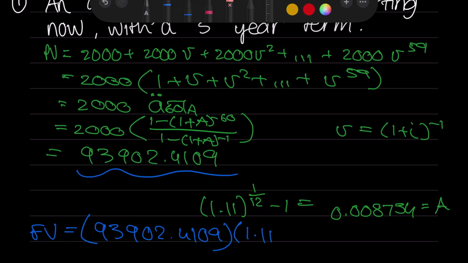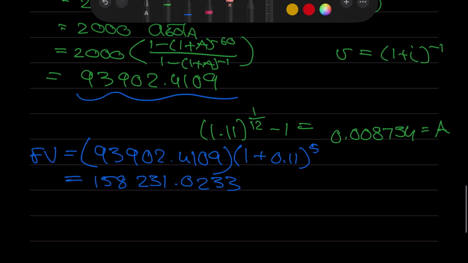So this 1.11, this is 1 plus the interest rate of 11%, and because this was the yearly one, I'm just going to compound it over the 5 years. Put this in the calculator, and we get, so that would be the future value. Let's go to the next question.